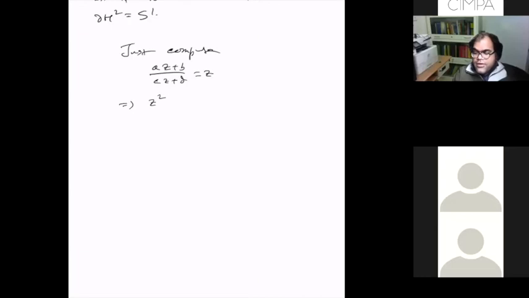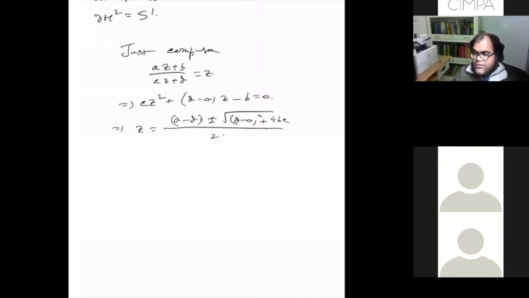This is actually cz² + dz − az − b = 0. So that gives you z = ((a−d) ± √((d−a)² + 4bc))/2c.